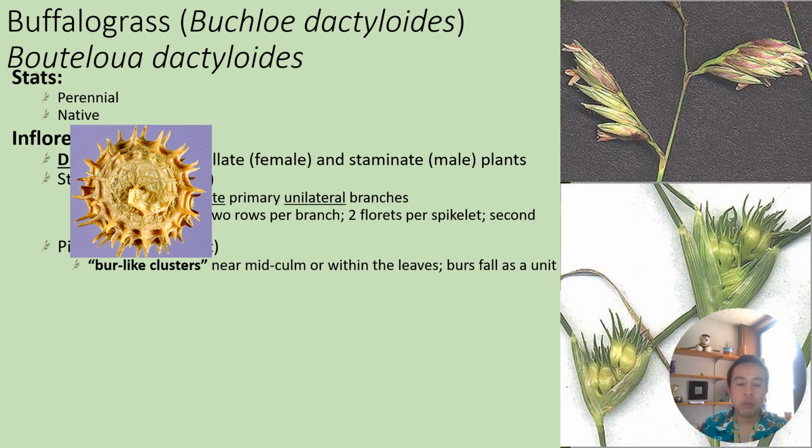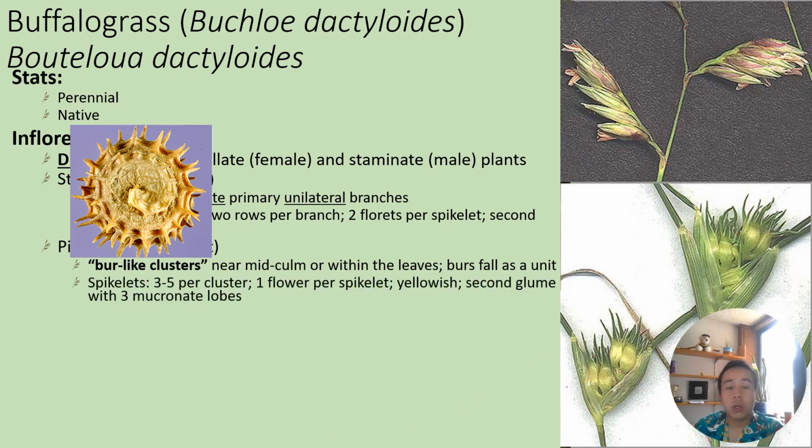So these mucronate tops, these are the burrs, and these are pointed coming around this center area, and here we can see that they are also burr-like with mucronate tops.